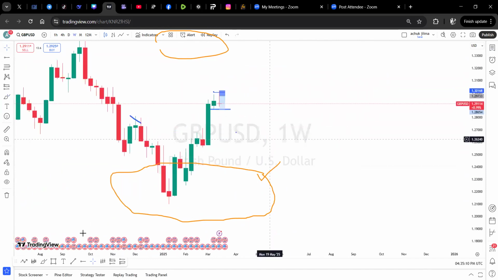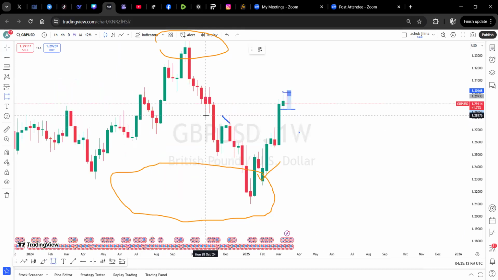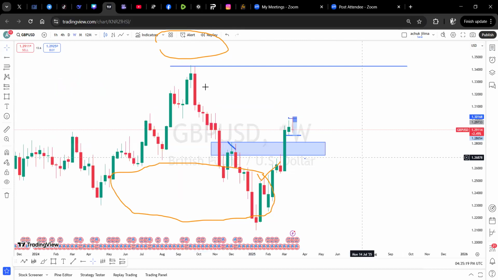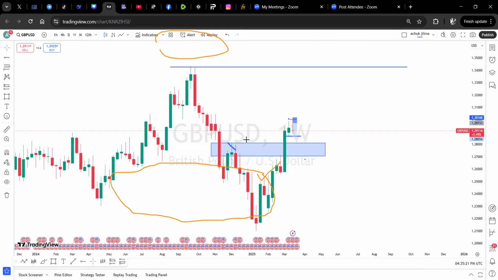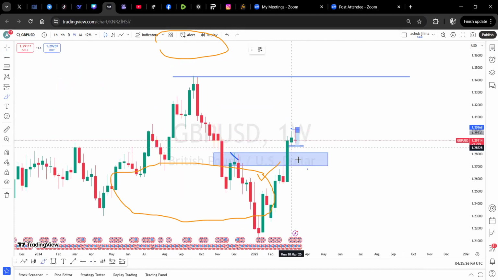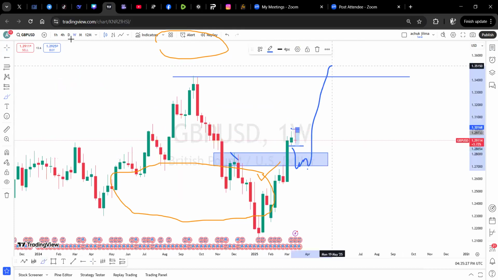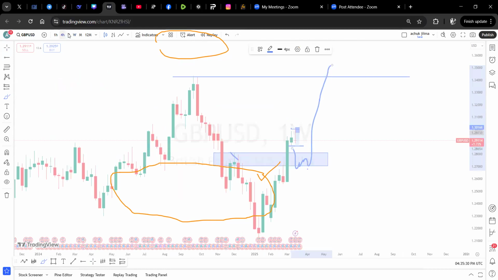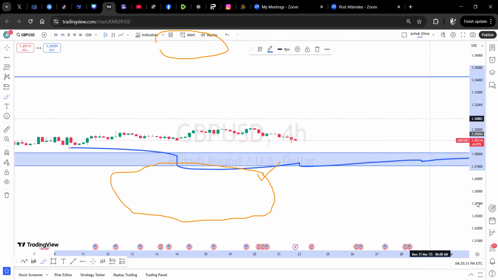Looking at GU again, of course, this is an area. This is our price difference candle that has broken above that all the way up to here. Meaning this coming week, we're supposed to look for a trading opportunity when price pulls back into this area here, gives us a confirmation, then we can take it to the upside. But we needed to trade during the week, and FOMC was also around the corner.